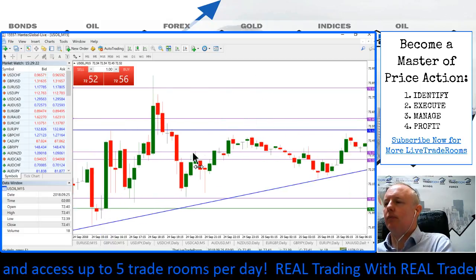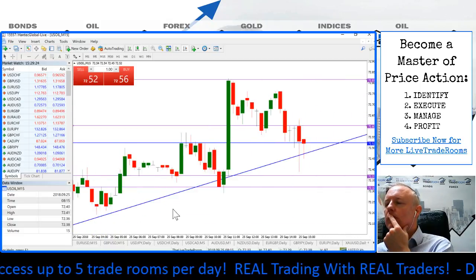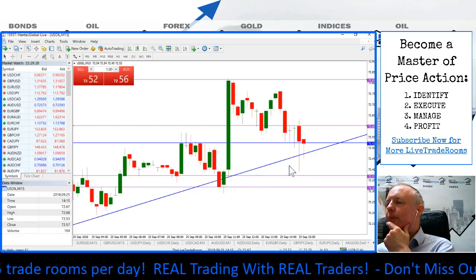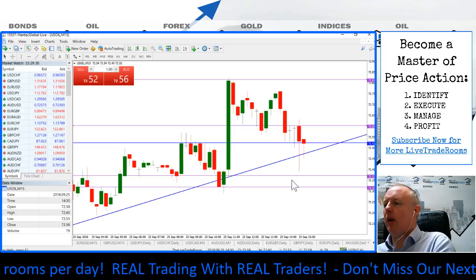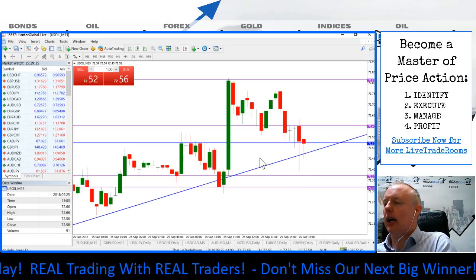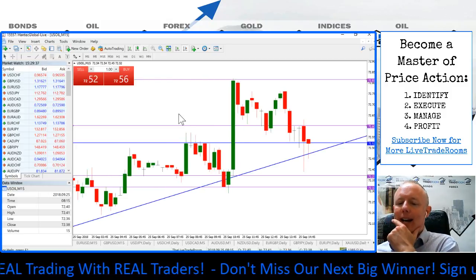So that's obviously what we need to be prepared to do, but we don't really want this market breaking certainly below the 72.32 level, and we're not too far away from that as we speak.